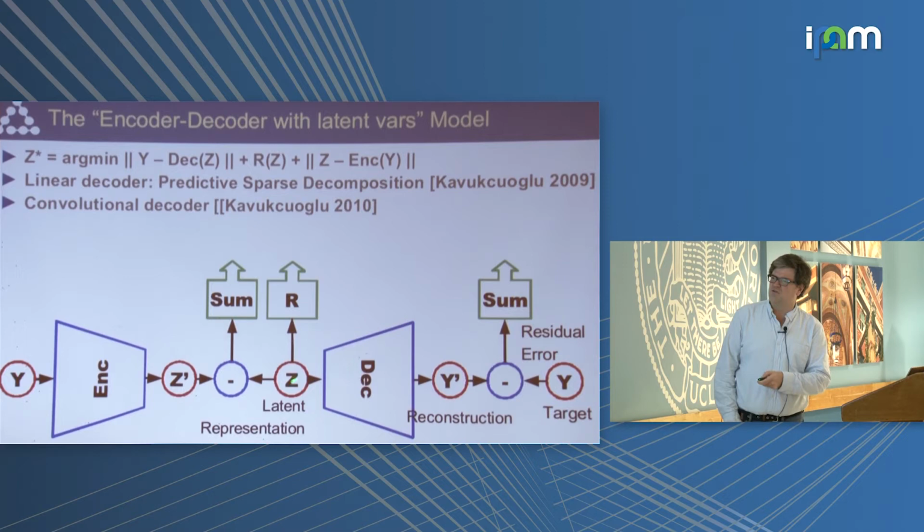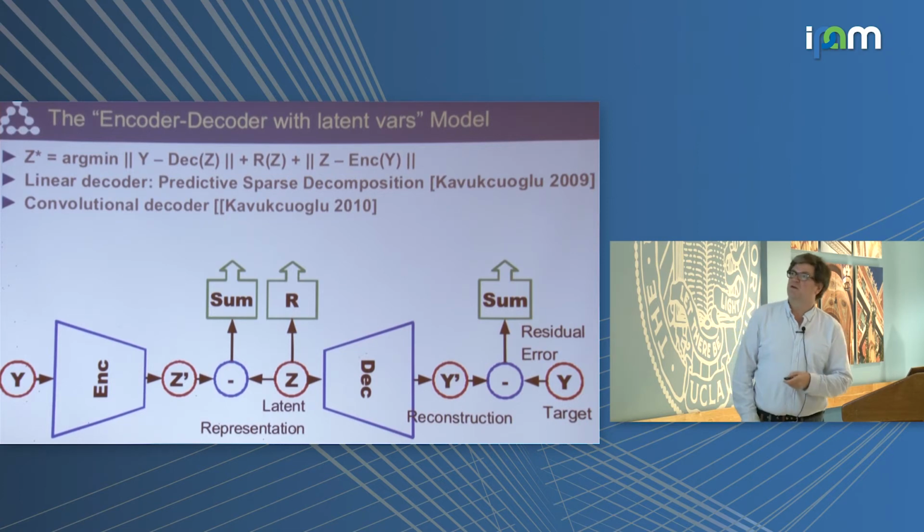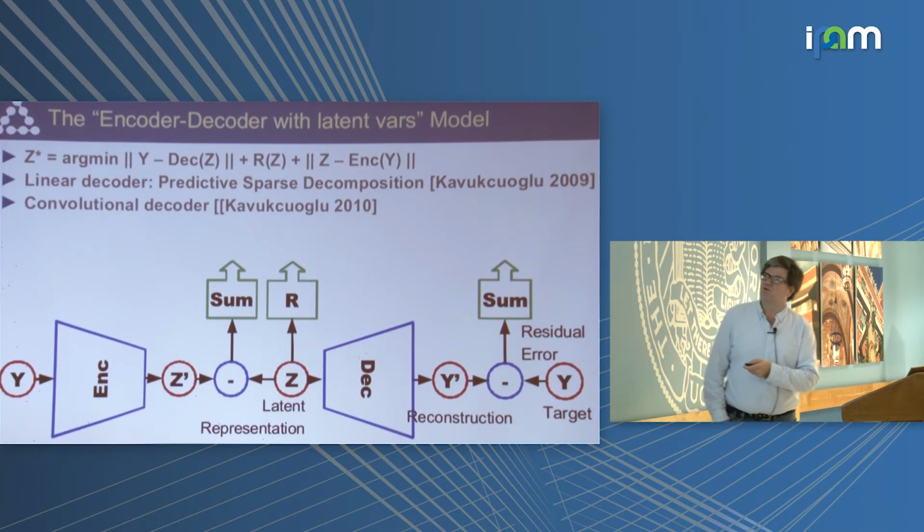Another term is how sparse the latent variable is, or whatever regularizer you want to use here. And a third term is how far away this variable is from whatever the encoder was predicting. And we're going to train both the encoder and the decoder simultaneously so as to minimize the sum of those three terms. So that's the energy function, and it's also our objective function for learning: the reconstruction error, the prediction error, and the regularizer on the code.